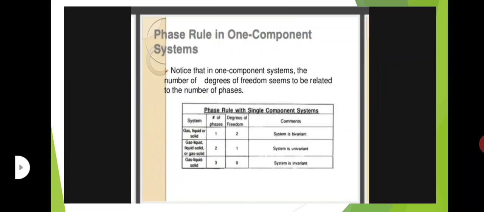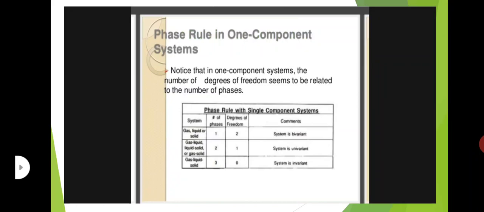The system here is gas, liquid, or solid. Number of phases is 1, degrees of freedom is 2, so the system is bivariant, meaning two variant system. Here degrees of freedom is 2.